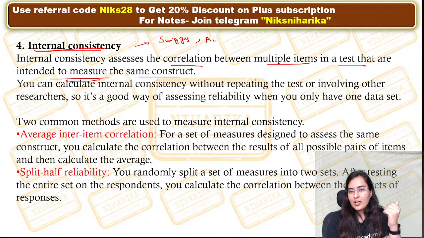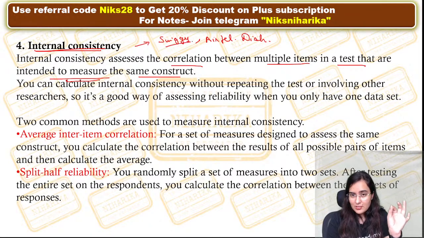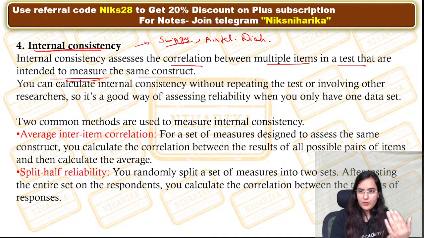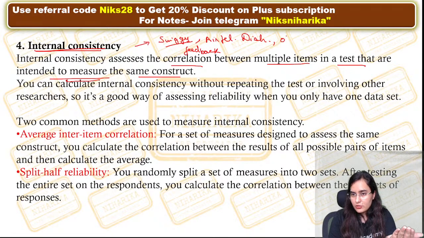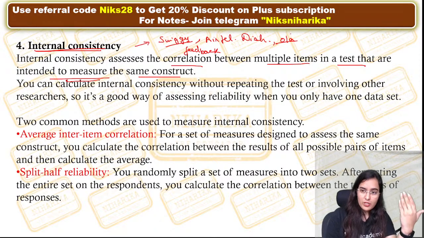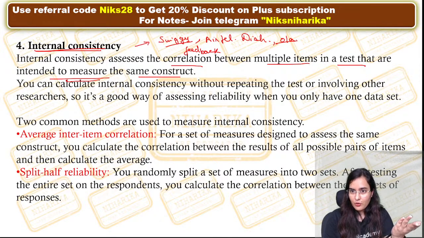Whenever they give service, after that Swiggy, Zomato give a feedback form. Ola also gives a rating request. They need to get to know the rating from customers. We should get to know the rating.